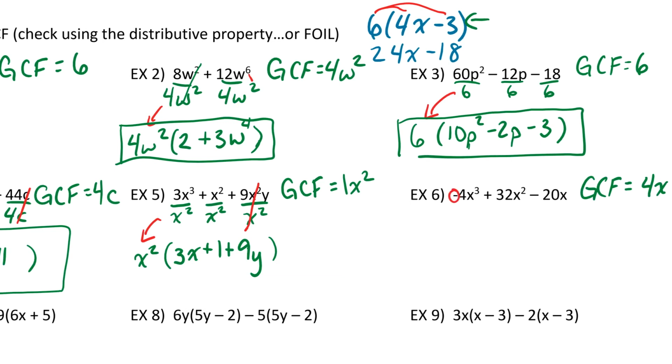This one actually starts with a negative. Now, anytime we're looking for a GCF and the first term is negative, we're going to want to factor out that negative. So we're going to make negative 4x our GCF, which means we're going to divide all of these by negative 4x.